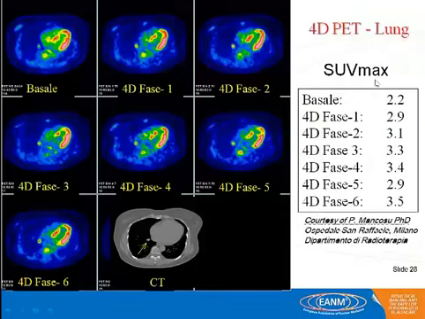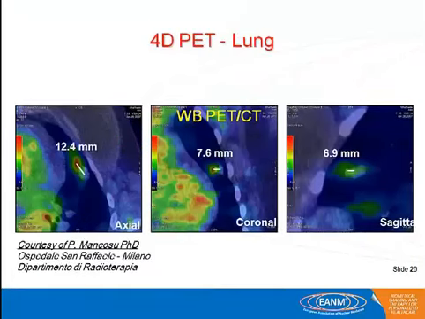As you can see, the SUV max really changes from one phase to another. And it's really interesting because when you do respiratory gating, you really see how movement affects your detectors in PET-CT. You can see how it changed, and the same was really improved with that.